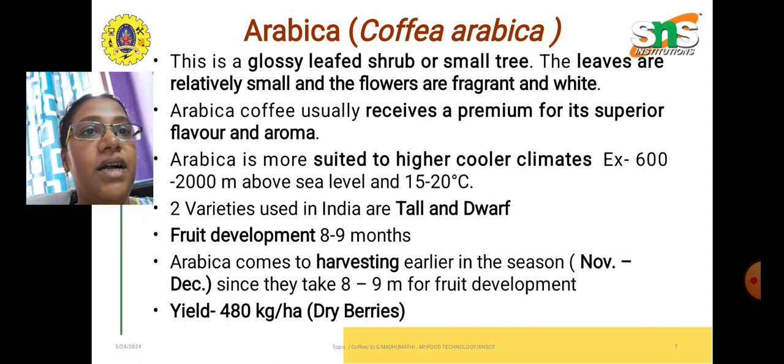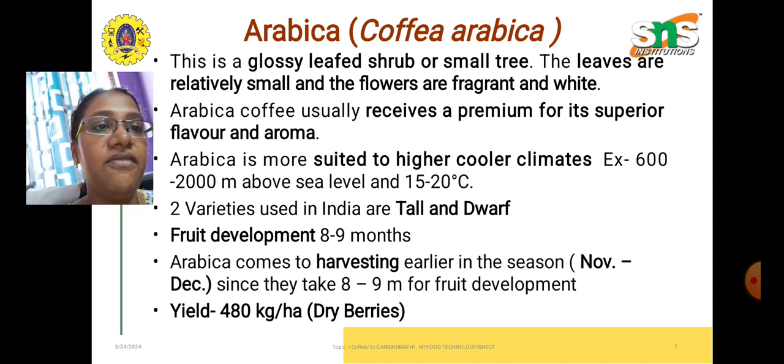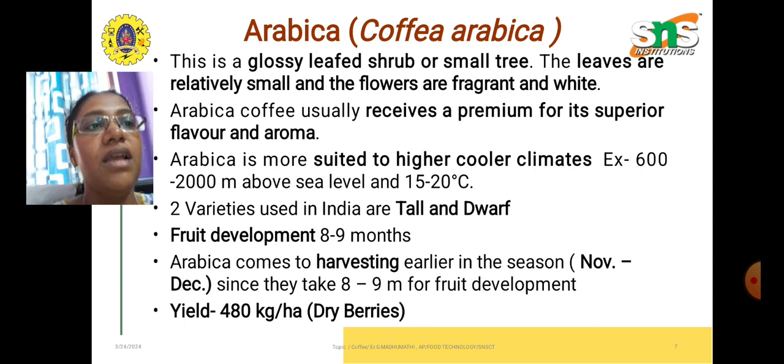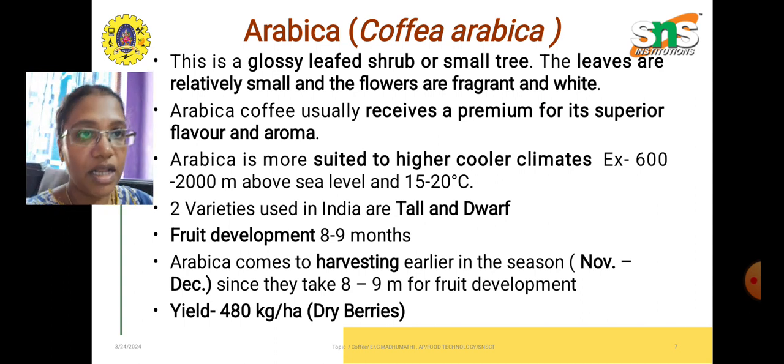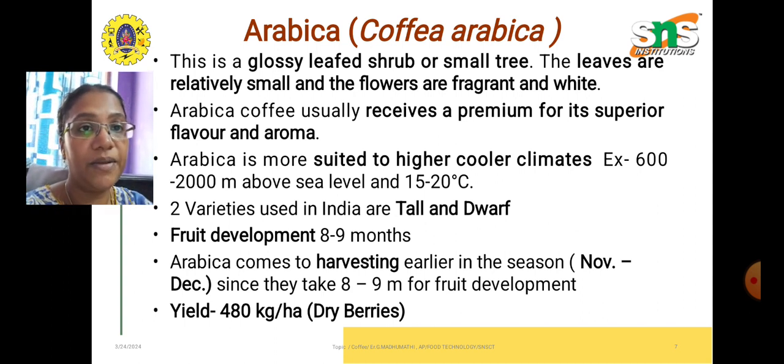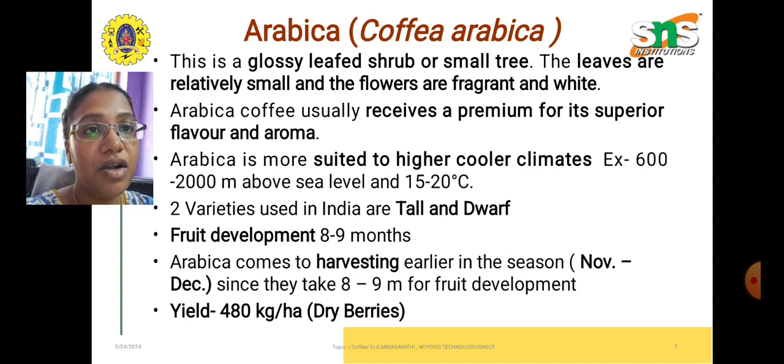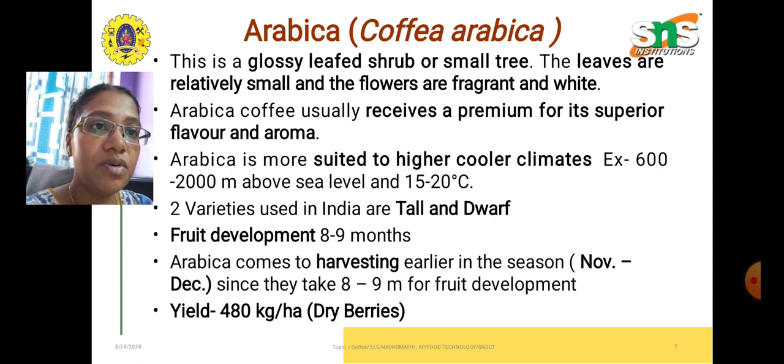Coffee Arabica is a glossy-leafed shrub or small tree. The leaves are relatively small and the flowers are fragrant and white. Arabica coffee usually receives a premium for its superior flavor and aroma. Arabica is more suited to higher, cooler climates, and the two varieties used in India are the tall and the dwarf varieties.